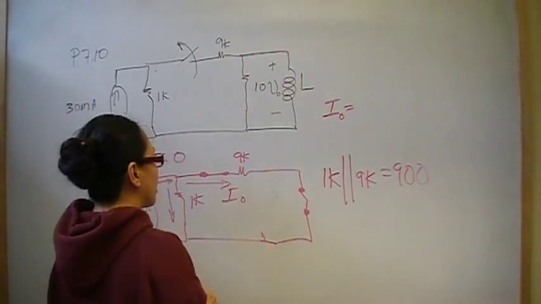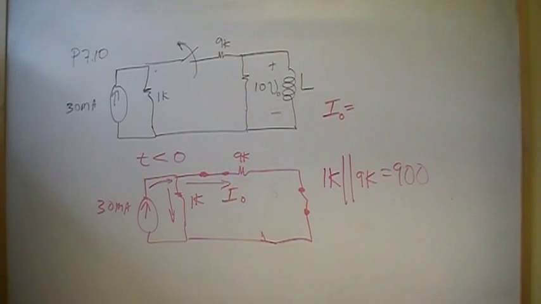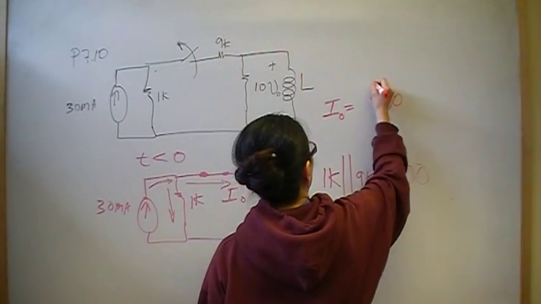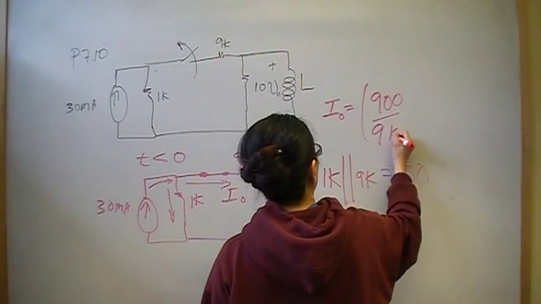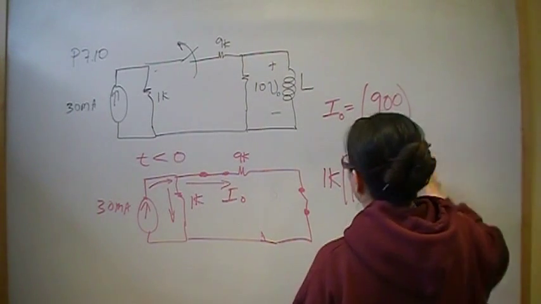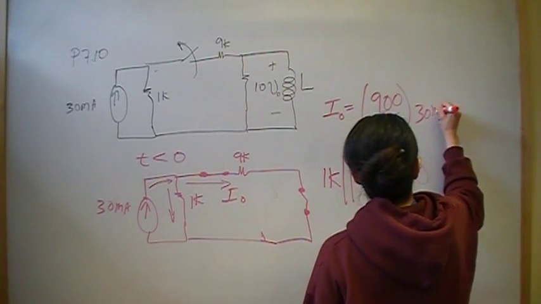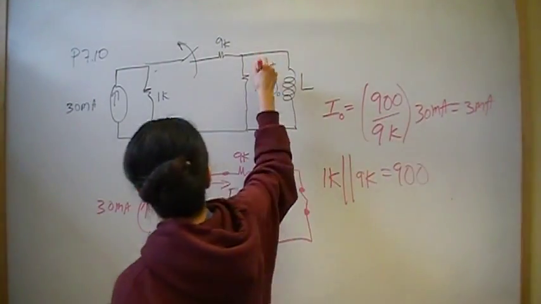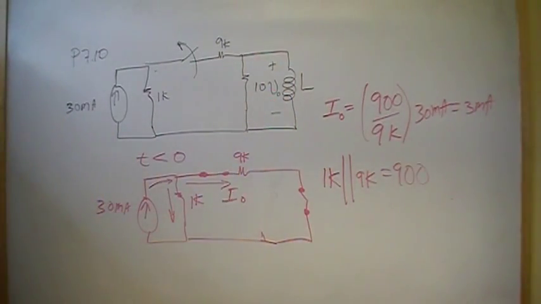That's the equivalent resistance of all the parallel connected branches, and the one we're interested in is the 9K. So 900 divided by 9K times that 30 milliamp is going to be 3 milliamps going through there. So I0 is 3 milliamps.